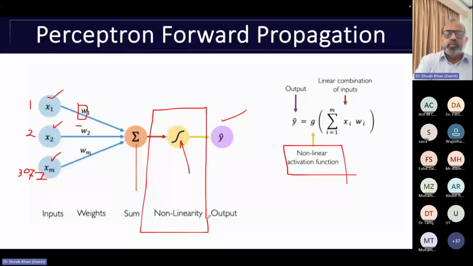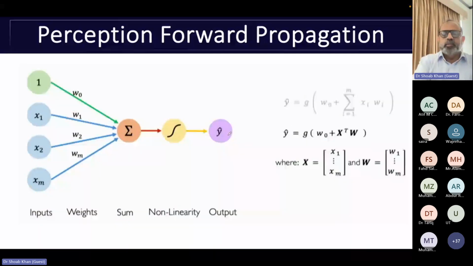So after taking the summation, you pass it to a function g, which makes it a non-linear function. That's something you have to have.